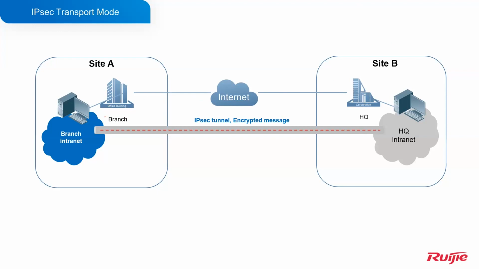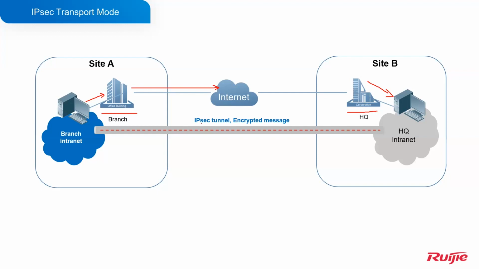And in this mode, the headquarters network device and the branch network device don't know you already use the IPSec VPN to protect our message. When we receive the message from the terminal, according to your IP routing table, I will directly forward the message into the internet. And then when the headquarters receives it, according to your IP routing table, I will directly forward it to the terminal.